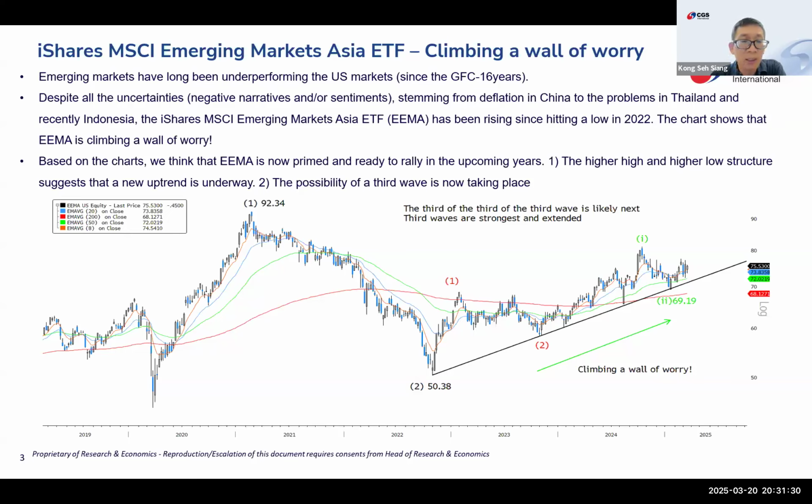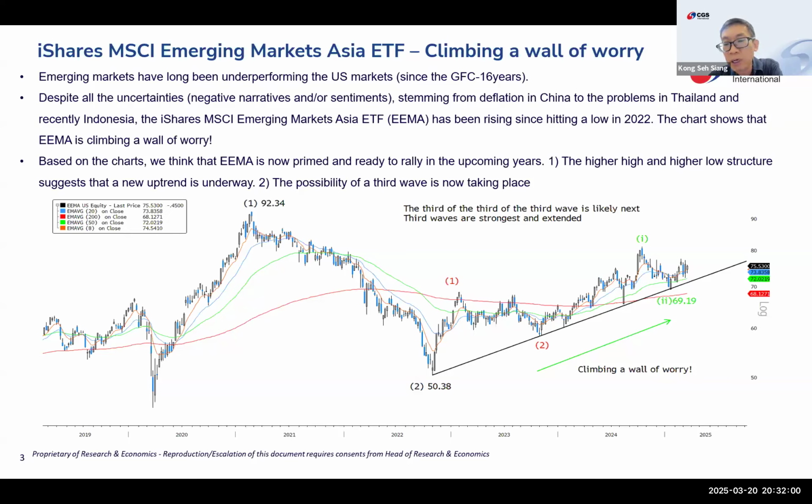Here in CGS, we actually look at markets based on wave counts. Wave counts is just a way we try to predict where the market is heading. Usually in equity markets, the third wave is the strongest, where prices would move the furthest, and it will likely be extended.